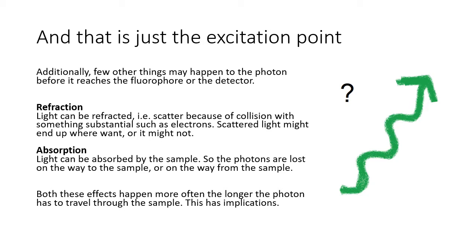And additionally, the light might be absorbed by your sample, and so the photons are lost on the way to the sample, and they are lost on the way from the sample. And both of these effects happen more often the longer the photon has to travel through the sample. So the thicker your sample is, the fewer photons are going to reach your sample, and the fewer photons are going to come out.